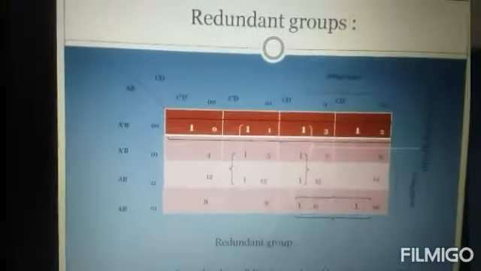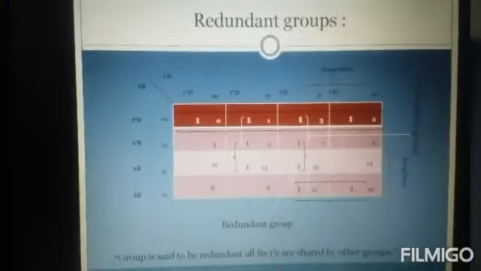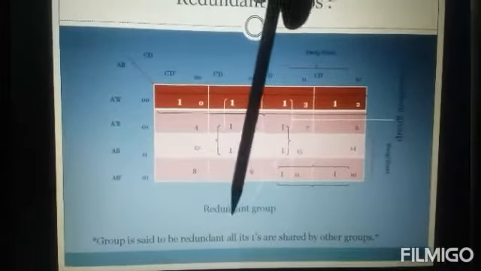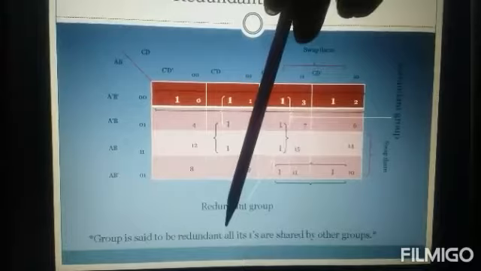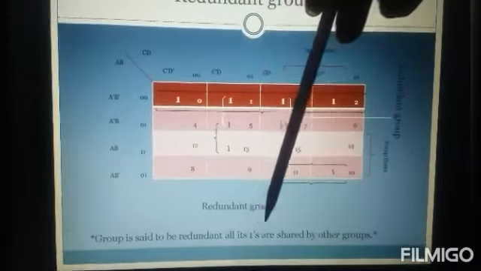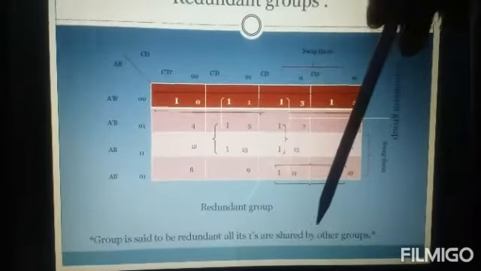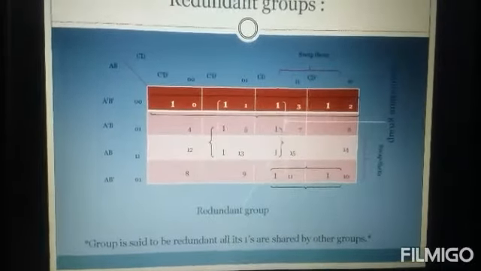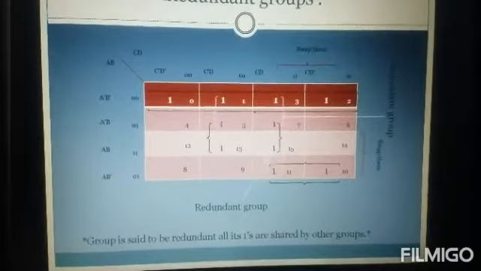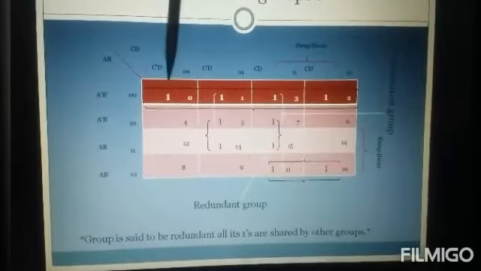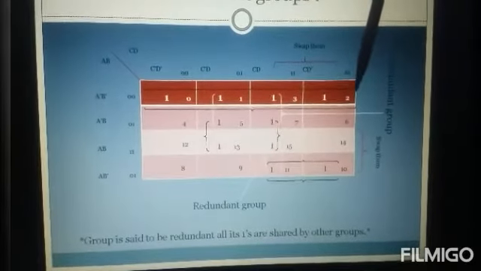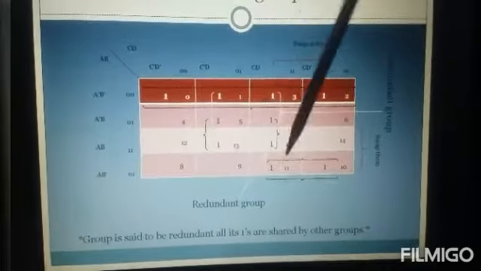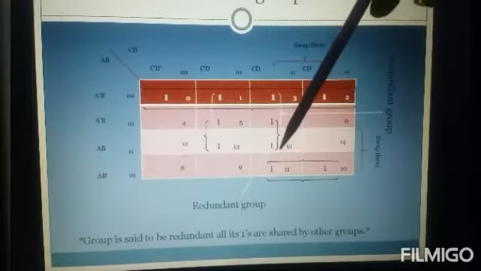Redundant group. What do you mean by redundant groups? See, a group is said to be redundant if all its ones are shared by other groups. Means, see, first group, second group, third group, and we have fourth one, and then we have fifth one.